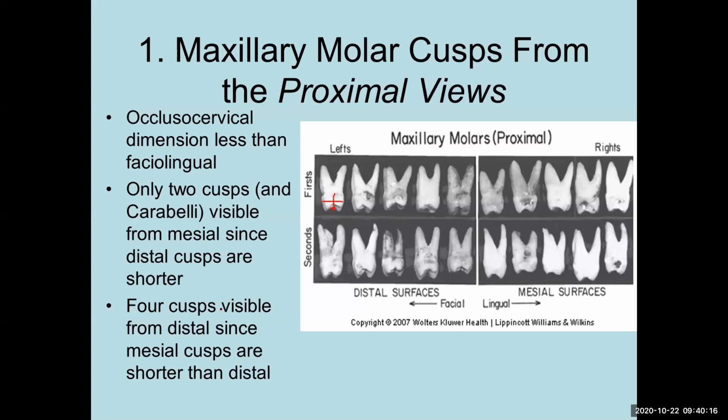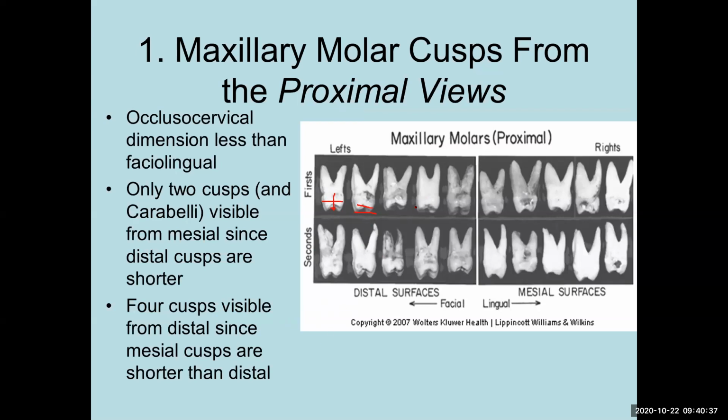There's only two cusps and a cusp of Carabelli that's visible from the mesial surface, since the distal cusps are shorter. Again, the mesial cusps are longer than the distal cusps. Four cusps are visible from the distal since the mesial cusps are longer.